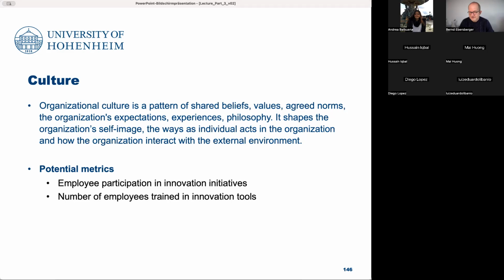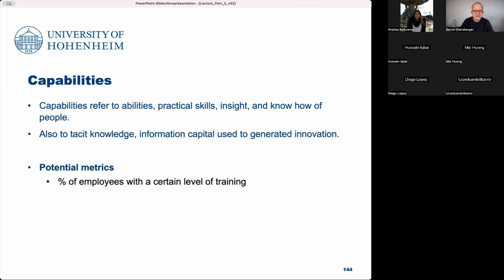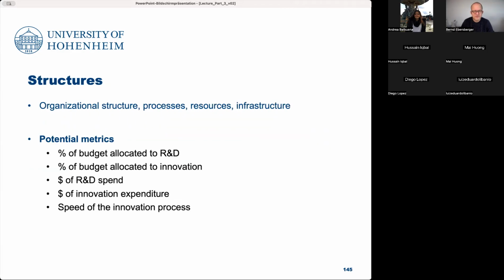Now, I suggest here you measure this by employee participation in innovation initiatives, or the number of employees trained in innovation tools. Of course, this second bullet point can also be a measure of capabilities.